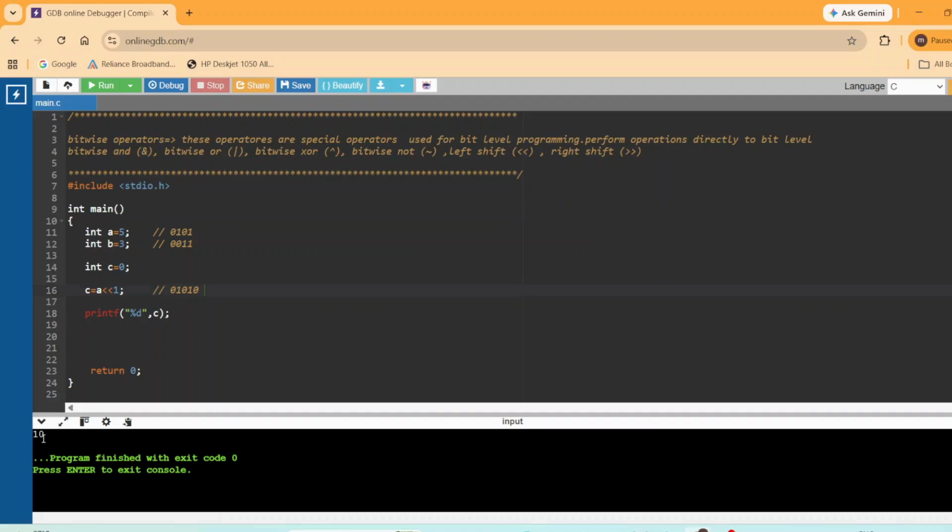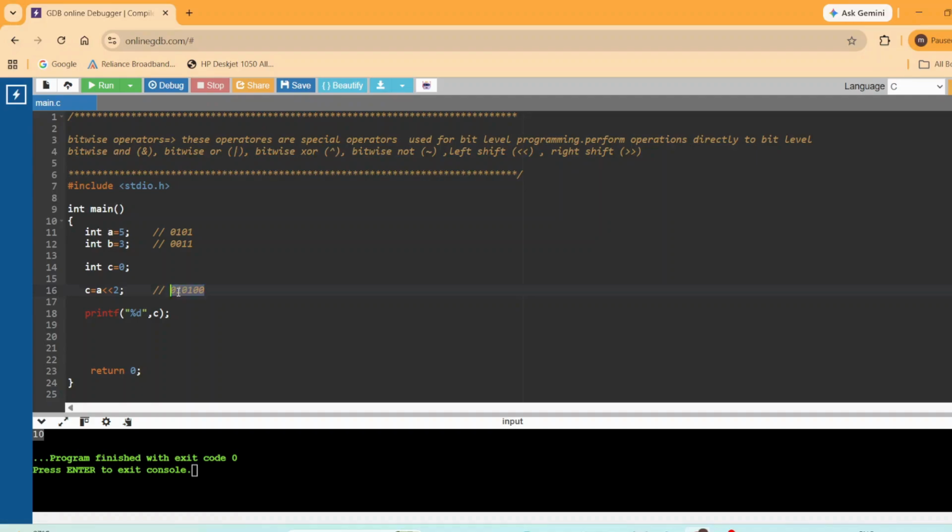See, we are getting 10. Suppose here we are doing a left shift 2, then we just add 0 here. So 2 raised to 0, 2 raised to 1, 2 raised to 2, 2 raised to 3, and 2 raised to 4.